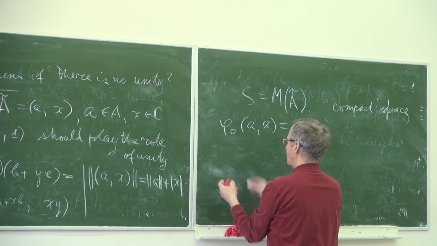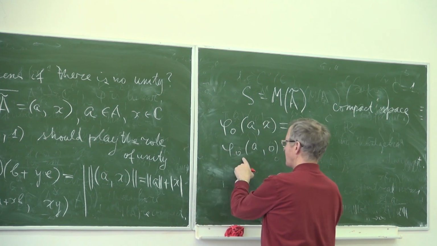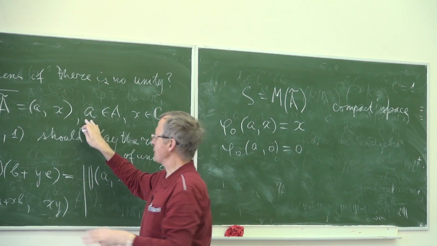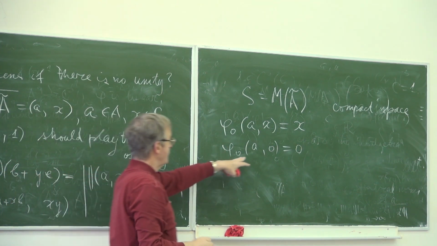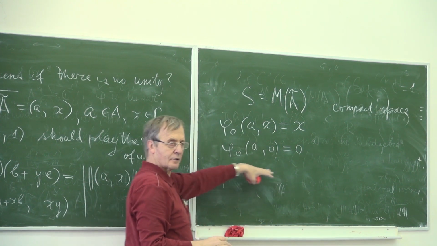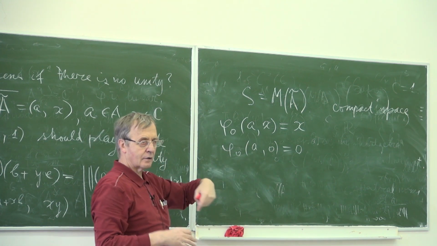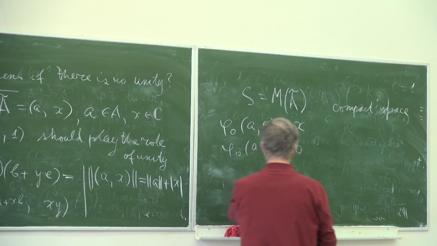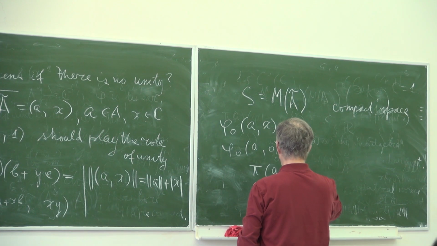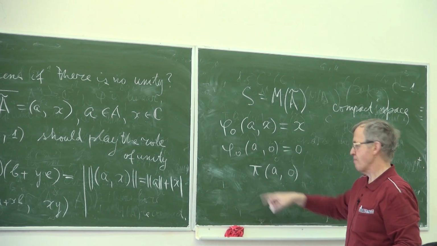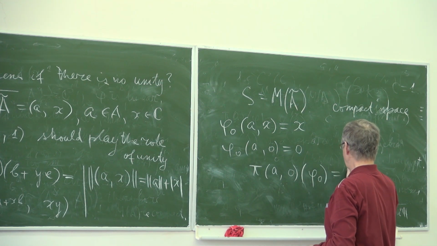What about this functional? Phi 0 of (a, 0) is equal to 0, so it is equal to 0 on all elements of our initial algebra, which are identified with pairs like this. So if I take the Gelfand transform of (a, 0) and calculate it at the point phi 0, this is equal to 0.